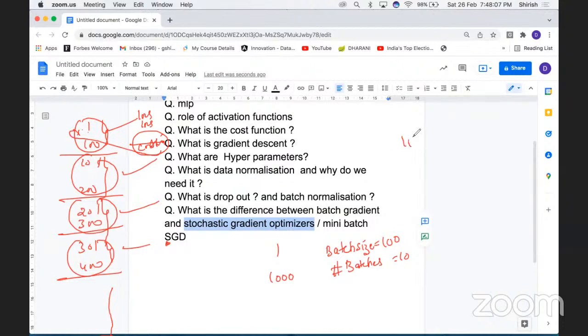So one epoch is equal to the number of batches. If 10 batches are there, you take 10 iterations, that is, you update the weights 10 times.